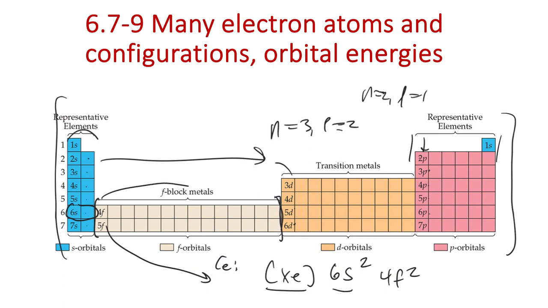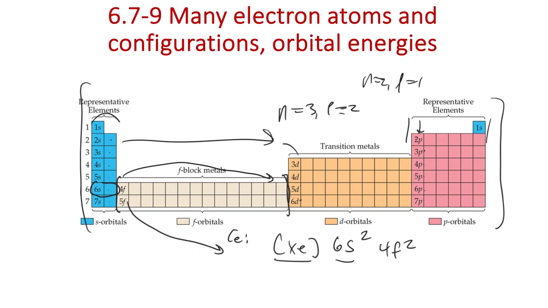So we get all the way across 14, and then we'd be filling into the 5D subshell. If we were looking at something like tungsten, tungsten would have a configuration of xenon, 6s2, 4f14, and then 5d4, so 4 into the D block.